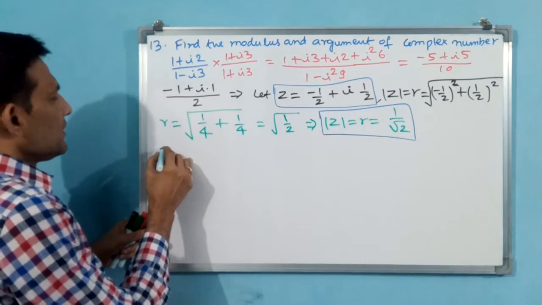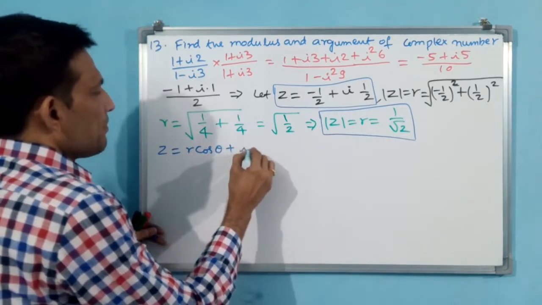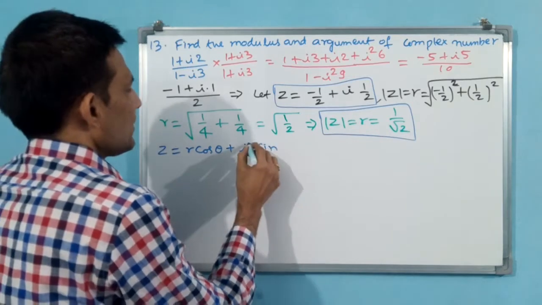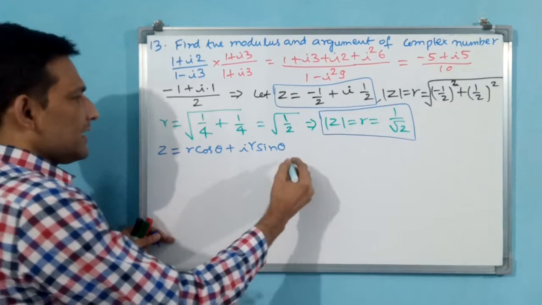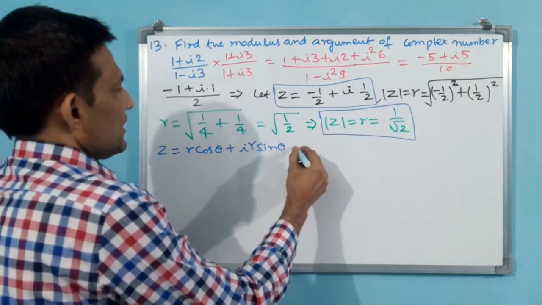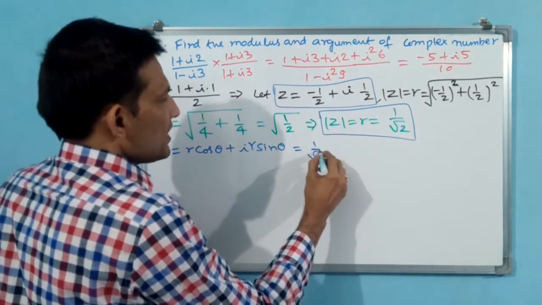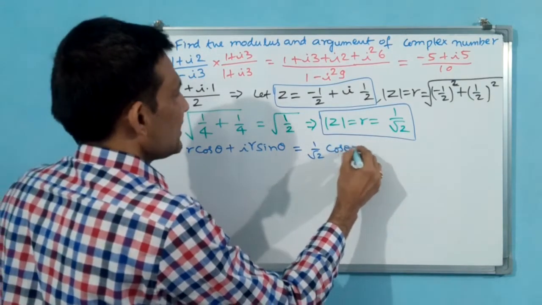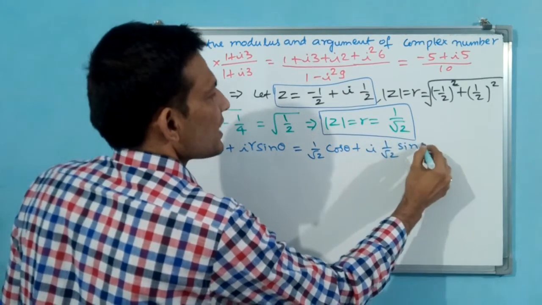Write down: z is equal to r cos theta plus i sin theta, that is r cos theta plus i r sin theta. That is equal to r, which is 1 by root 2: 1 by root 2 cos theta plus i 1 by root 2 sin theta.